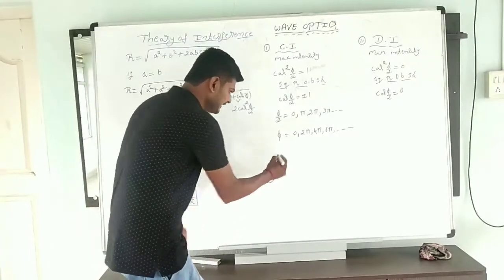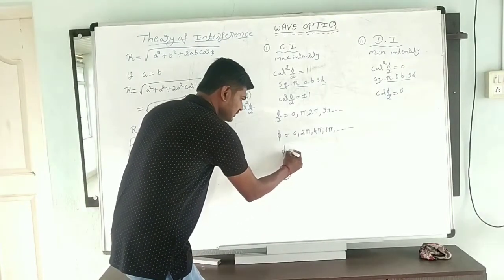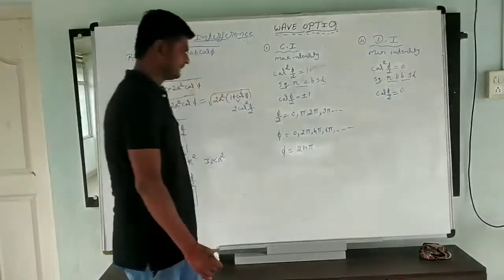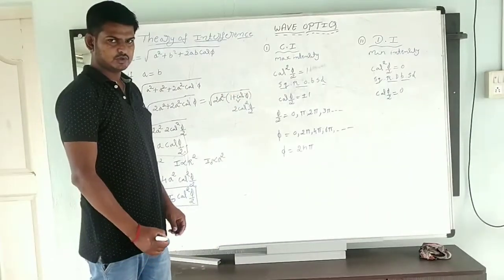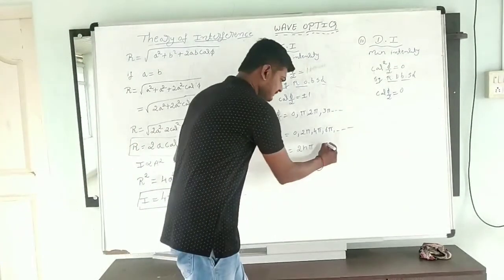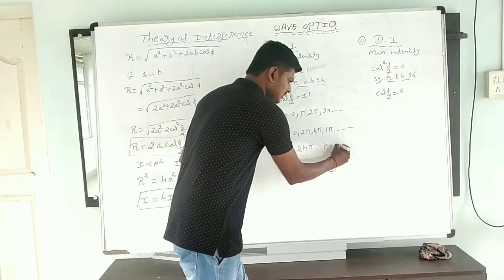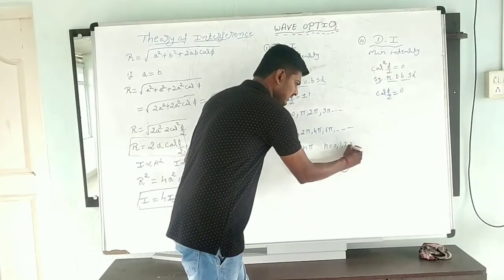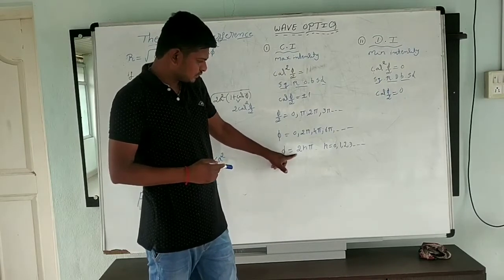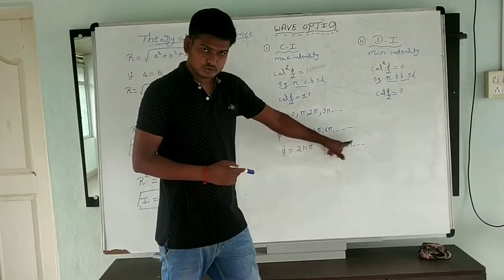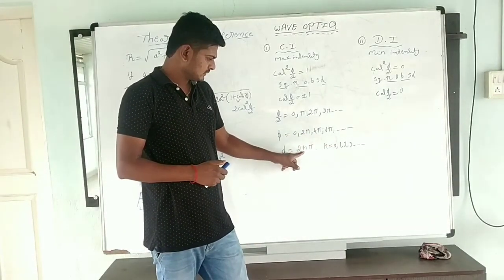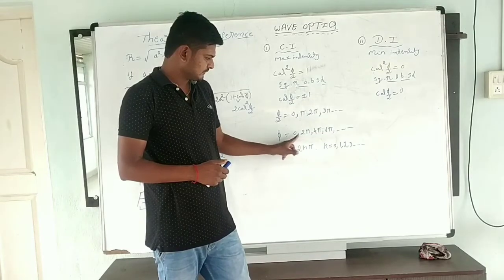When we write this in equation form, the phase difference is equal to 2n pi, where n varies from 0, 1, 2, 3, etc. When n equals 0, we get 0.